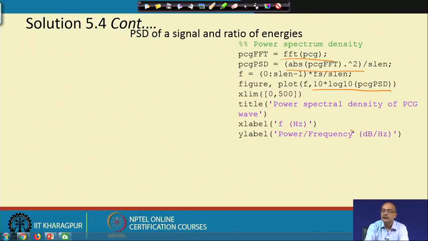And as it is given that they are sampled at 1 kilohertz, that means we get the signal from minus 500 to plus 500. So, we concentrate on the positive part of it, that is 0 to 500. Okay. We limit that to get a better view of the signal.